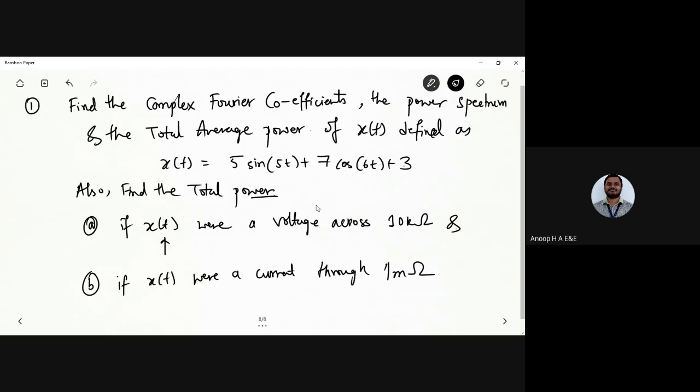So you are going to consider x of t as voltage and also current to analyze it, and it's quite a simple problem the way we had obtained.